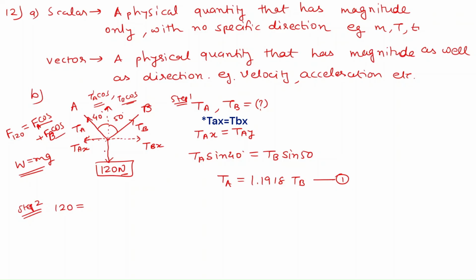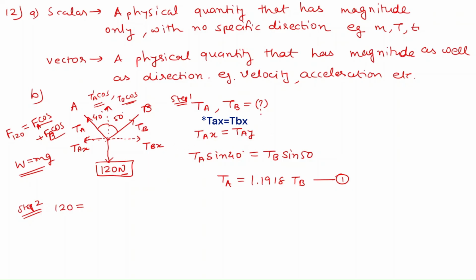Otherwise, it will be moving like this. In the first step, we saw there is equilibrium between the sine component of TA and the sine component of TB. It is a static point, static equilibrium, so that we can equate this.